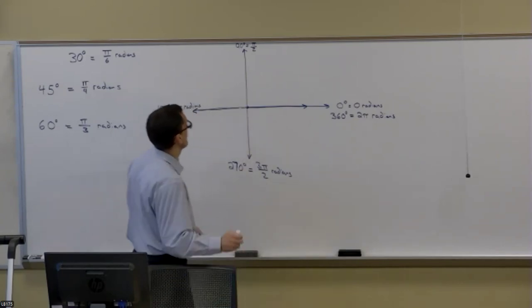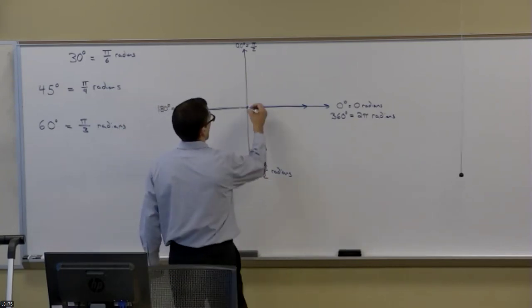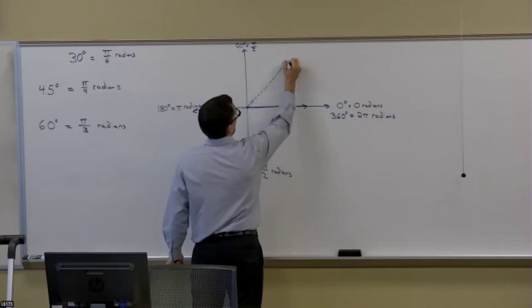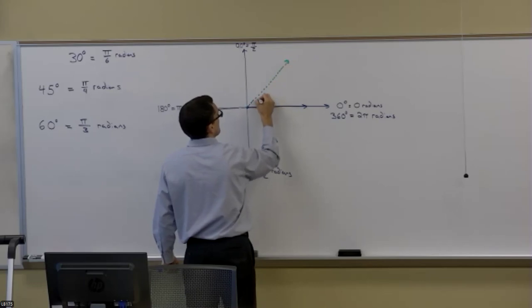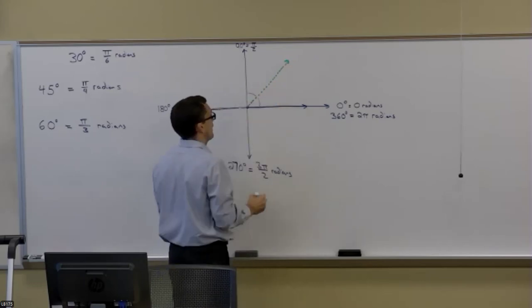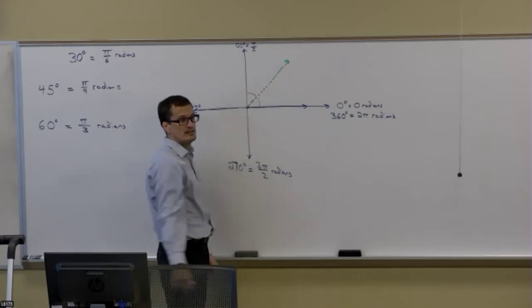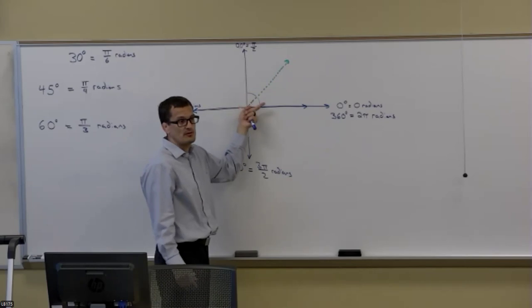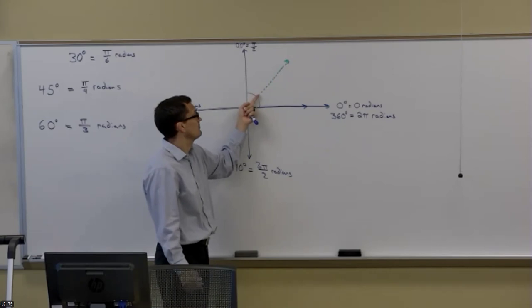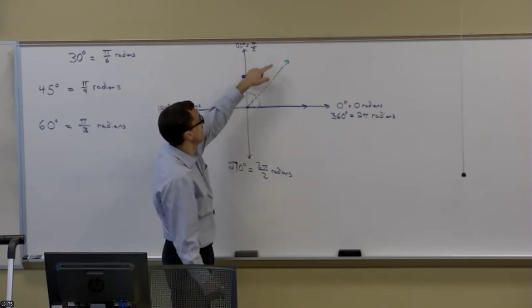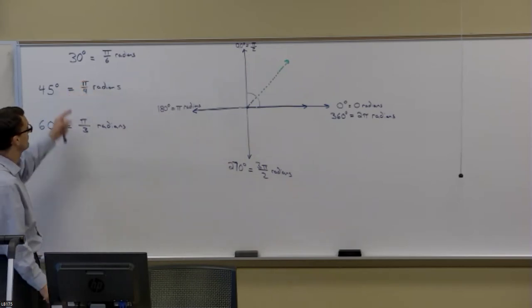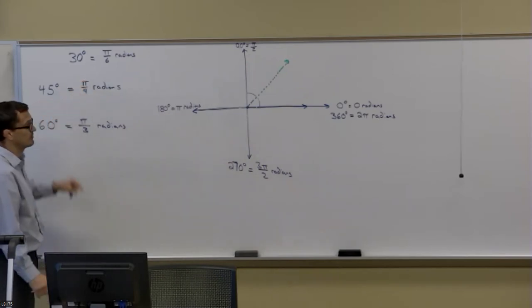And moreover, if you think about 45 degrees, it splits this quadrant halfway in between. It's the half measure of pi over 2. Half of 90. So we go 45, another 45. And that's why it ended up with pi over 4 radians. Half of pi over 2 is pi over 4. Half of 90 is 45.